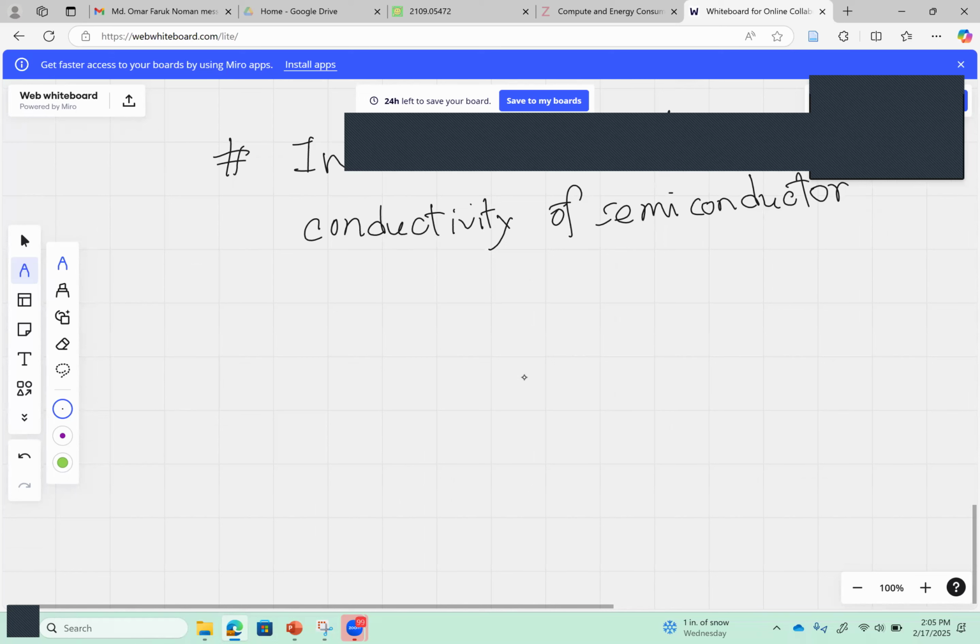And by the way, I uploaded two books in the Canvas. One book is written by Streetman and Banerjee. The other book is written by Professor Donald Neamen. Both books are good. Okay.